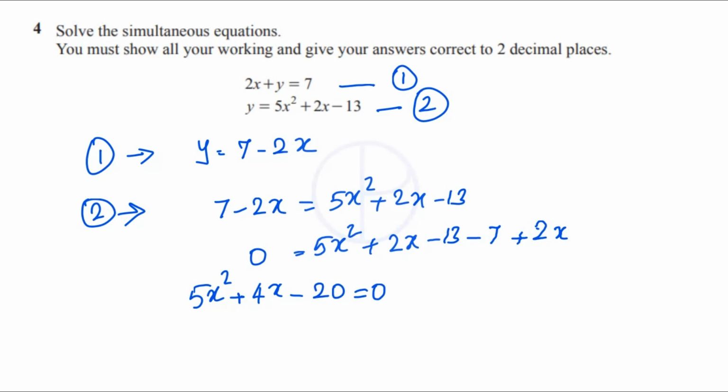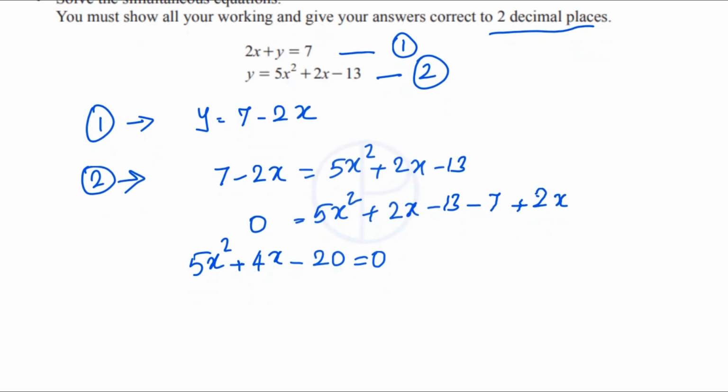So now we need to solve this equation to find the solutions. And it's given that the answer is corrected to two decimal places. So let's use the quadratic formula. Whenever you see the answer required in two decimal places or three decimal places, you just use the quadratic formula. So x equal to minus b.